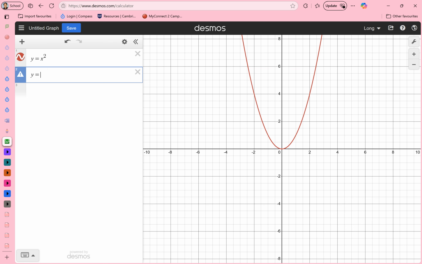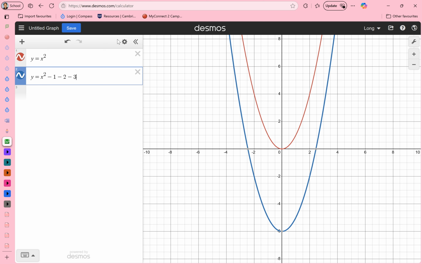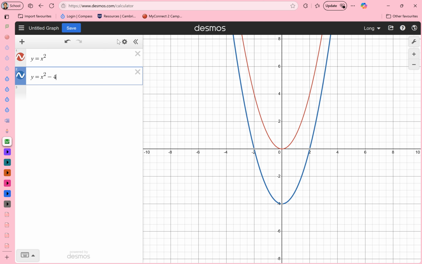When I type the same equation again, but I put a plus 1, you can see that the blue graph has gone up by 1. If I do plus 2, it goes up by 2, 3, 4. So you can see at 4, the turning point has gone up, right? If I then go minus 1, minus 2, minus 3, minus 4, it goes down by 4. So very logical.